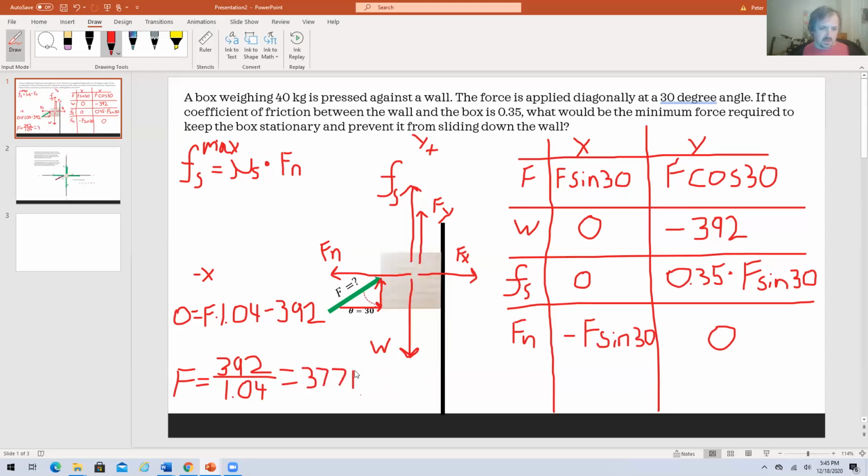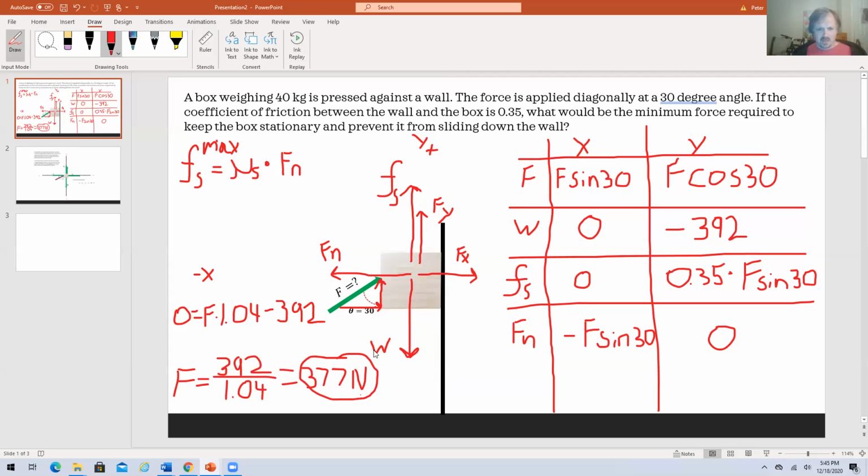377 newtons. Okay, so this is the minimum force that you would need to apply to this box in order to keep this box from moving down this wall, moving at all. So 377 newtons.